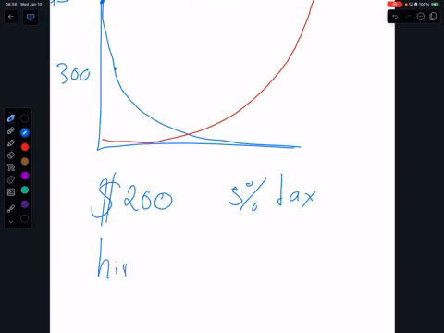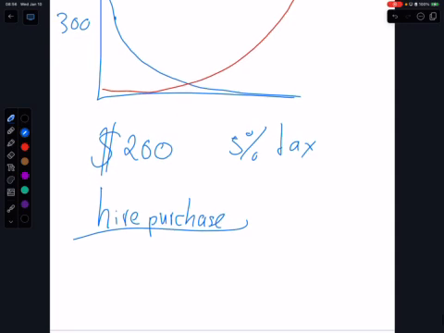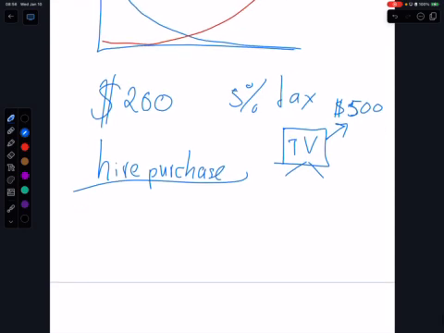Oh, and the last thing is hire purchase. So what is hire purchase? You have a TV worth, let's say, $500. You can either pay the $500 immediately and you get the TV, or you pay it with hire purchase.